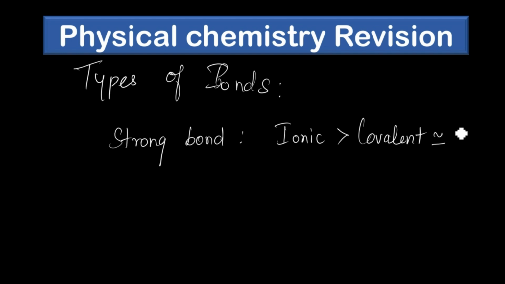It's almost as strong as coordinate. In coordinate, only one atom is the donor, which means both the electrons are donated by the same element. Then comes metallic, where the pool or sea of electrons holds the bond strongly. These are the strong bonds in order.